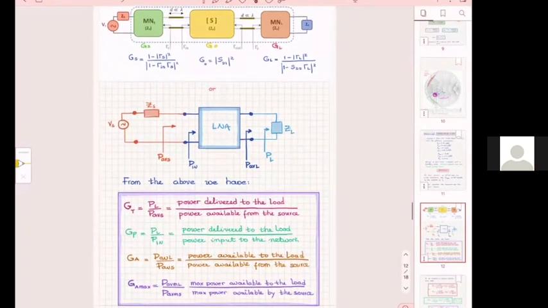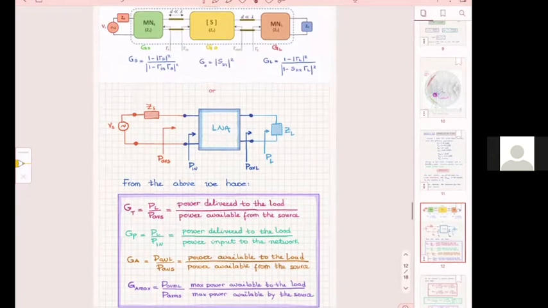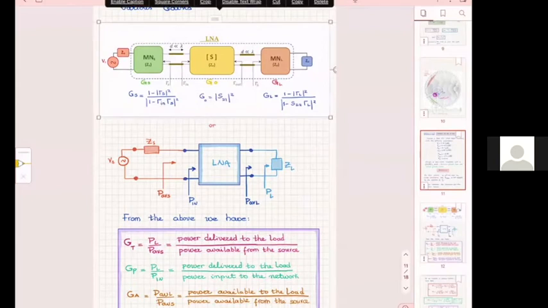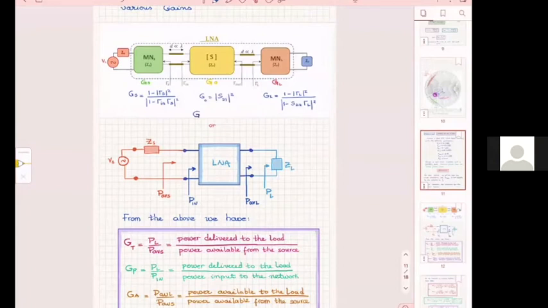First of all, if you have already designed your amplifier, you know your gamma S, you know your gamma L, then the total gain that you get is the product of these three. So practically, I will write here for you that your total gain, and that's, as you will see later, it's going to be your GP.